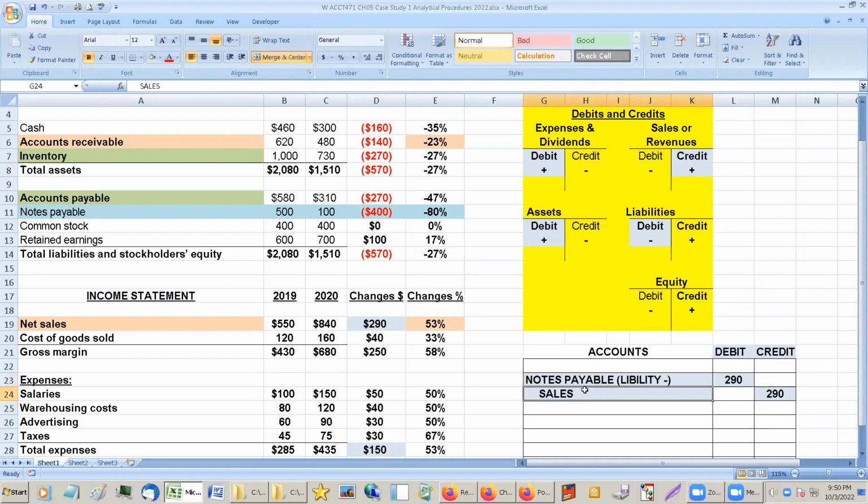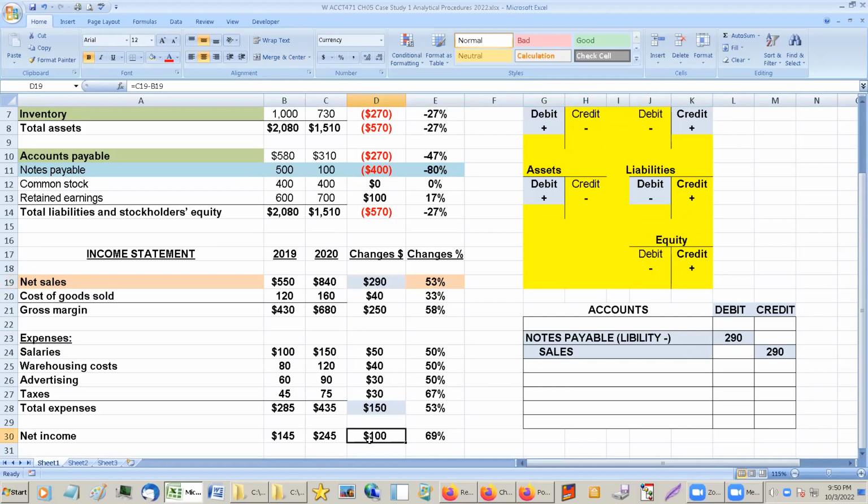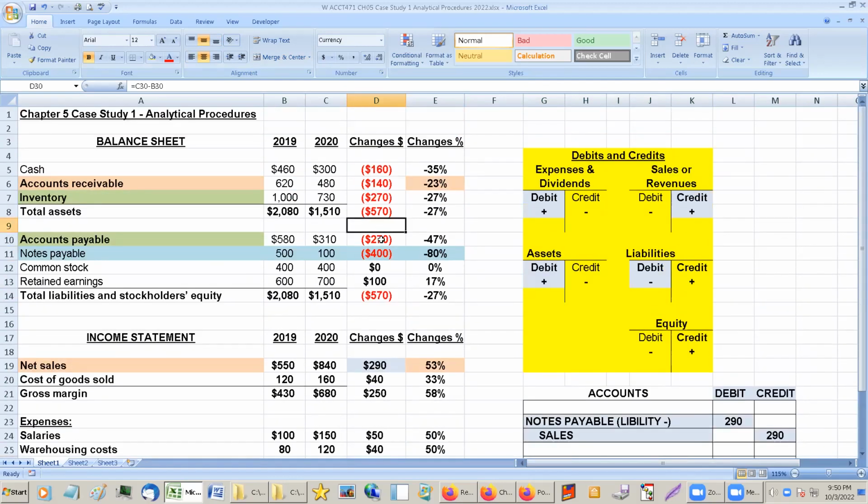And notice what a beautiful thing this would be for the company. Their revenues go up, their sales, same thing, revenues go up, their income goes up, and their liabilities go down. They can't help but look better if those are real.